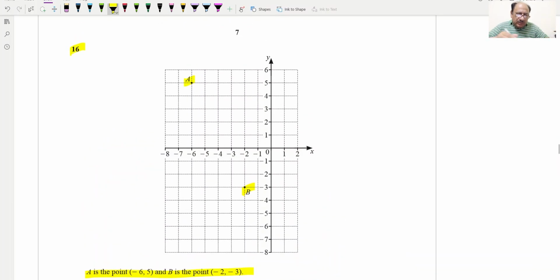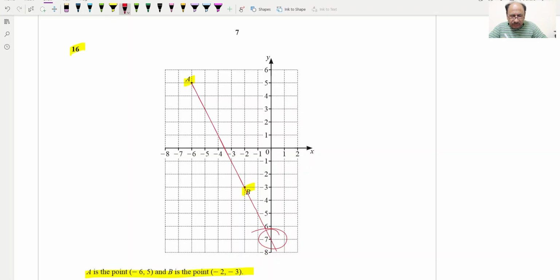So the easiest way, because the grid is already provided, is that we can join the line passing through this. This will be our y-intercept, and we can find the gradient of the line.